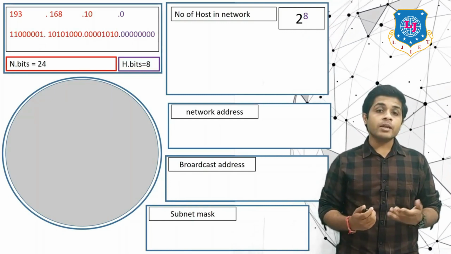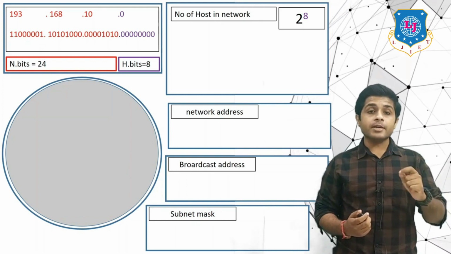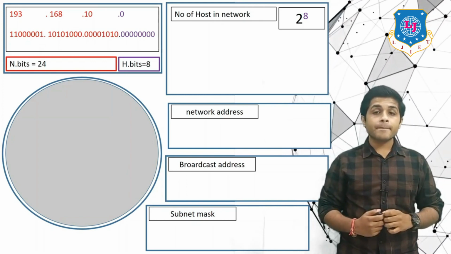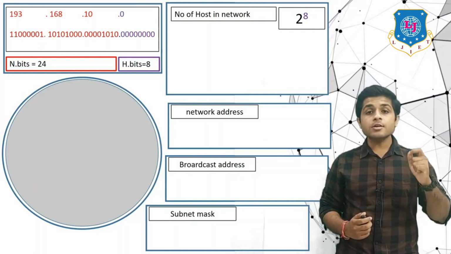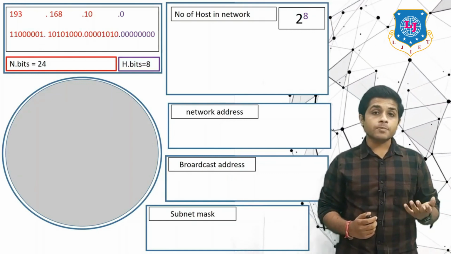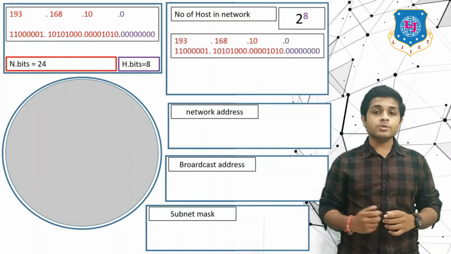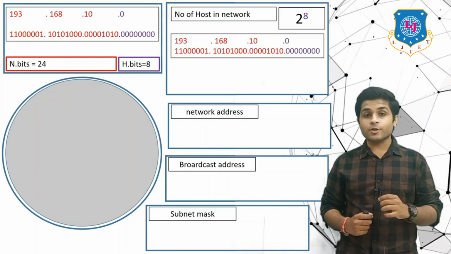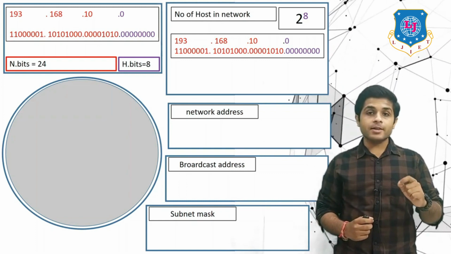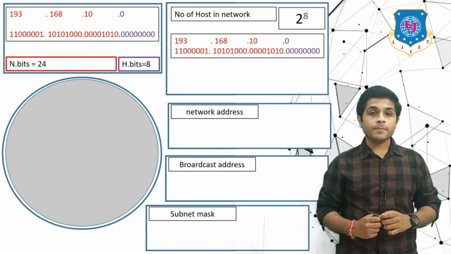Now I want to find the first IP address of this network. To find the first IP address, we set all the host bits to 0. You will get 193.168.10.0, which is the first IP address of the given network.